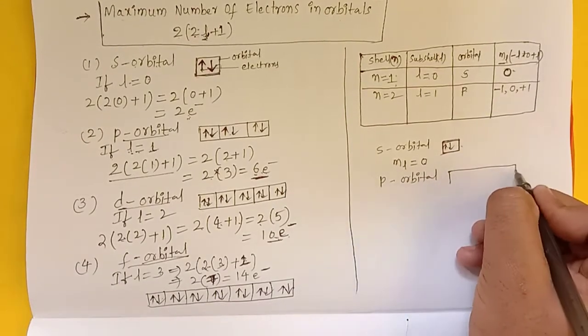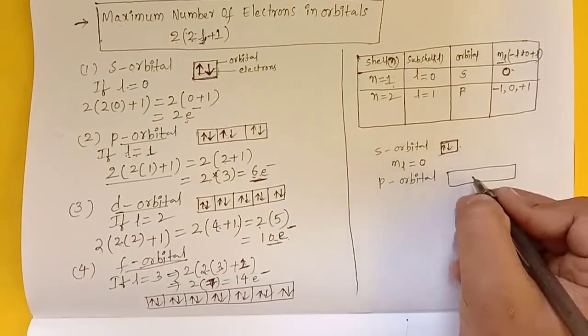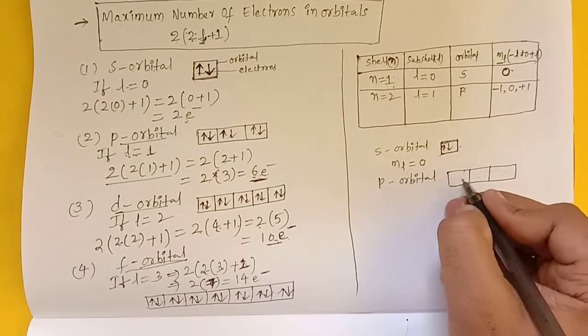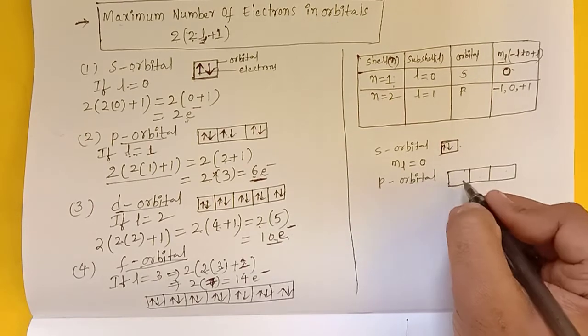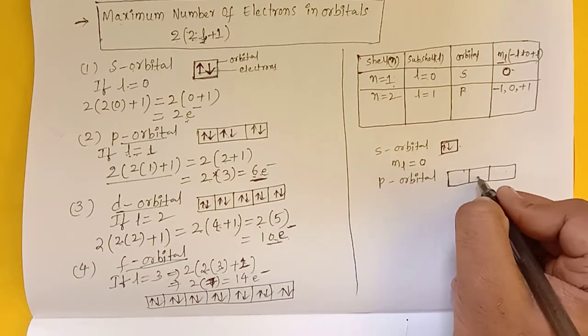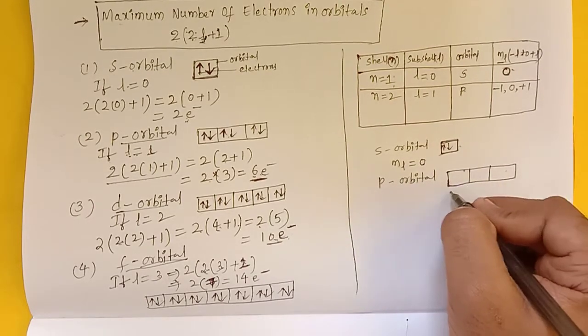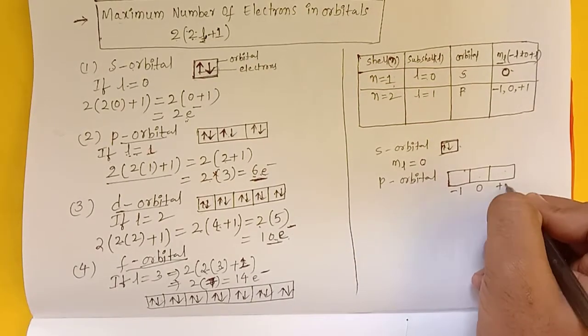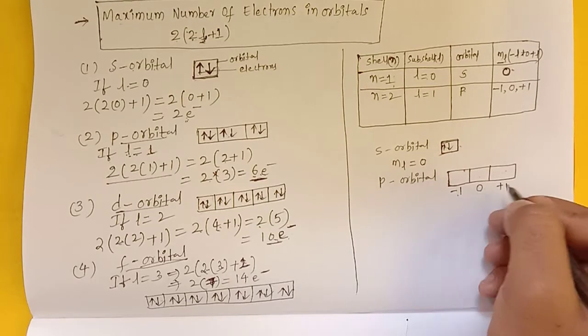How many boxes are there for the p orbital? S orbital means one box, p orbital means 3 boxes. 1 2 3, 3 boxes we have to consider. This is minus 1, 0, plus 1.